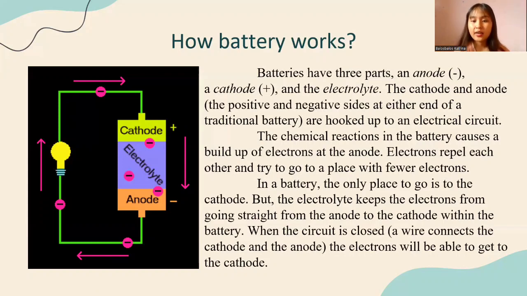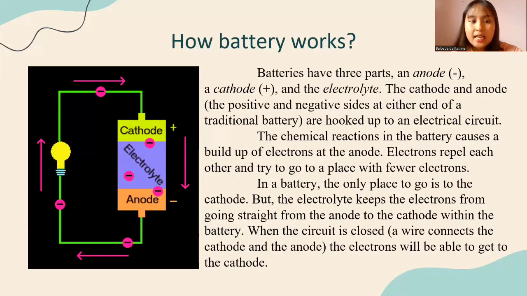But, the electrolyte keeps the electrons from going straight from the anode to the cathode. So, yun pala talaga yung pumipigil na makapunta yung electron sa cathode. Now, kapag naisara na yung circuit, halimbawa wala nang path yung circuit, hindi na nakasaksak. A wire connects to the cathode and the anode. Yung sinasabi dito the electrons will be able to get to the cathode.